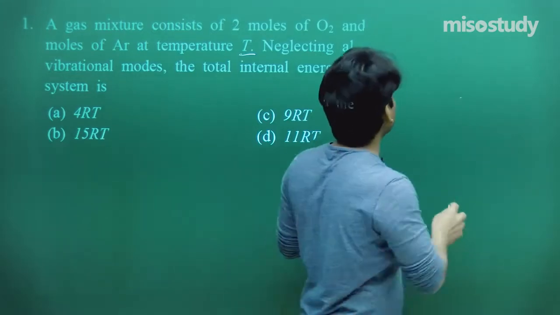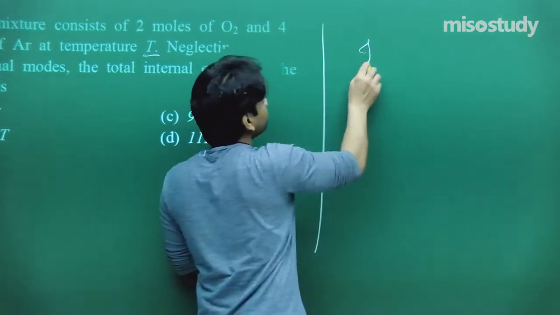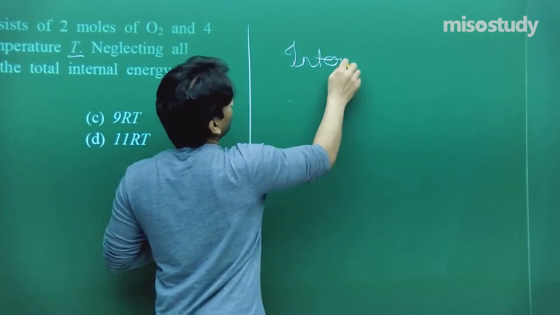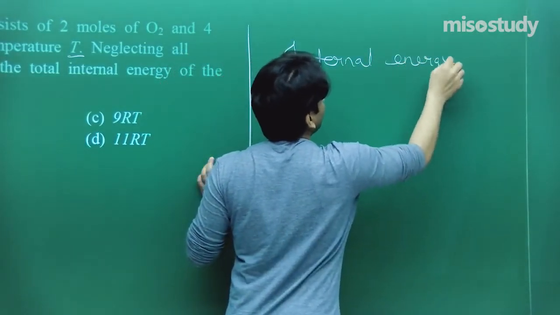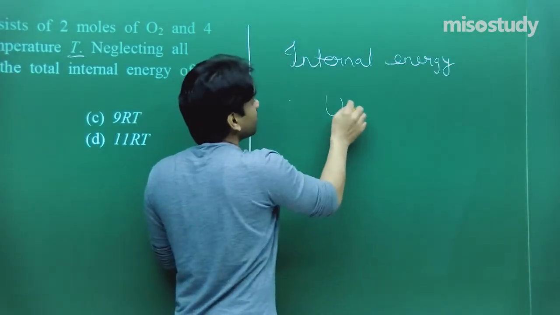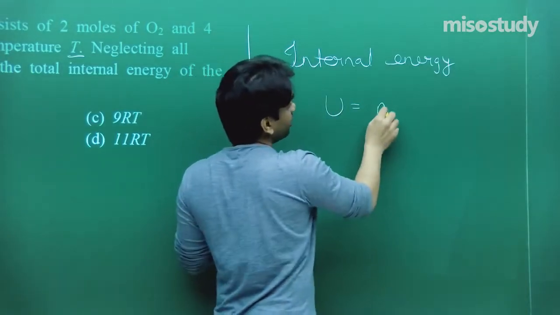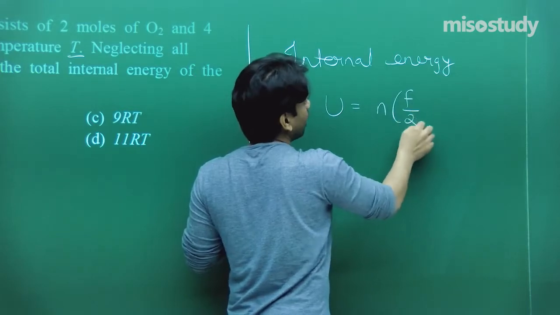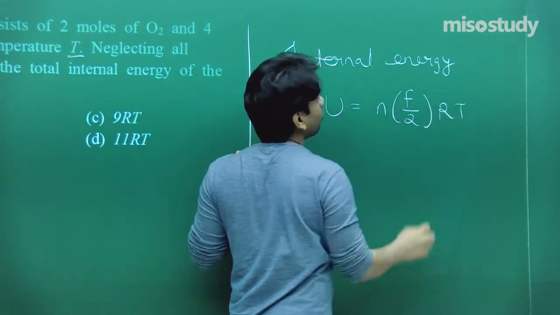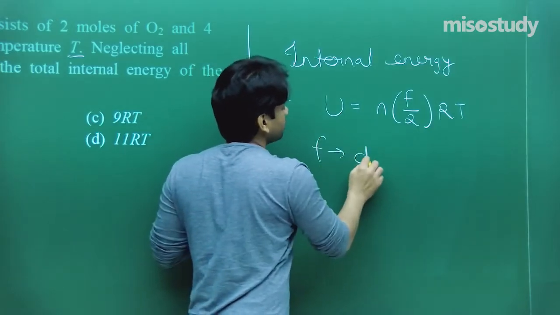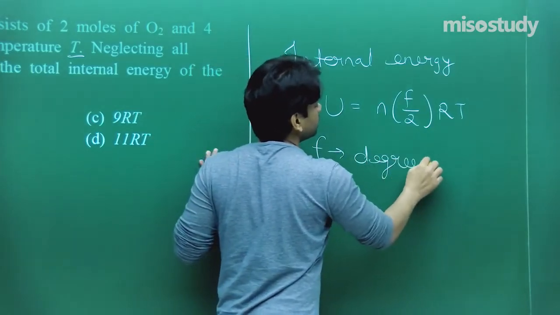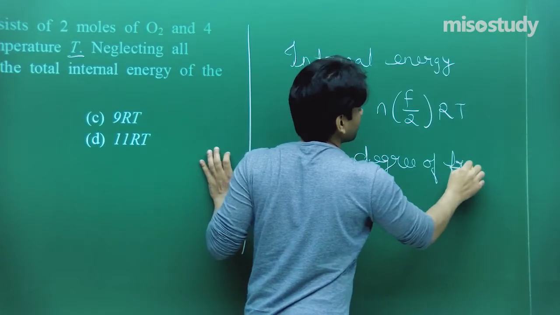Now I have told you, for internal energy, in our regular class we have discussed this, it is related with degree of freedom, and internal energy is given as n into f by 2 RT, where f is the degree of freedom. That is what we have learnt in our regular classes.